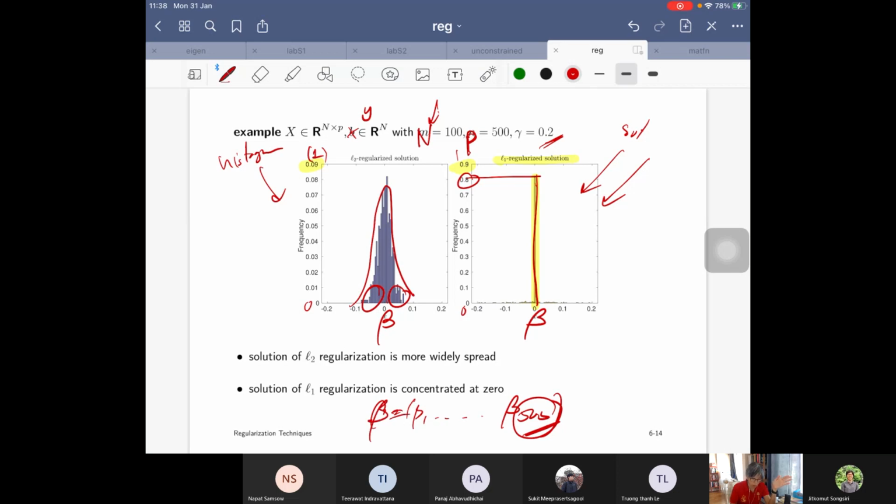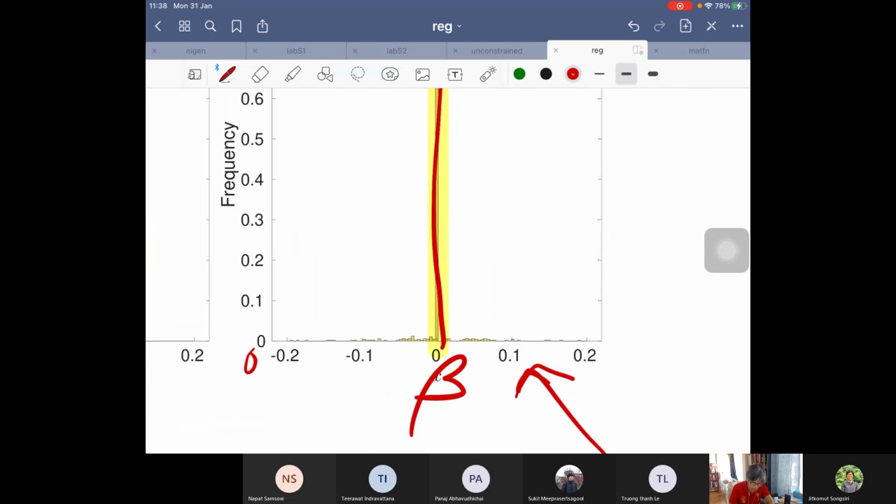So I plot the histogram of beta to see the distribution. It's not the statistical distribution. I just want to see the range of the entries in the vector beta. From the graph you see some tails here, some entries with a magnitude of 0.2, minus 0.2.